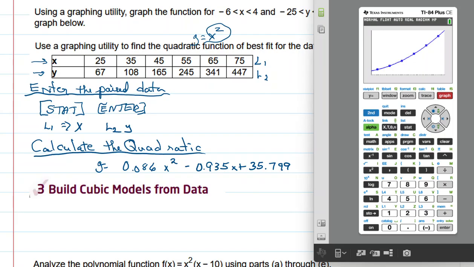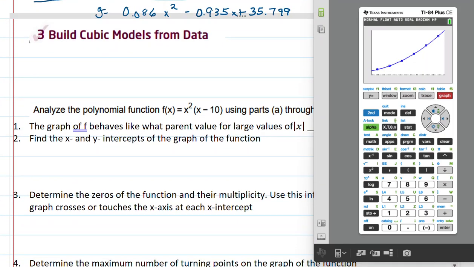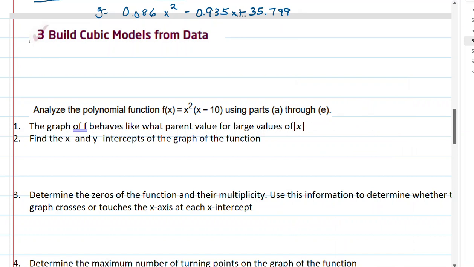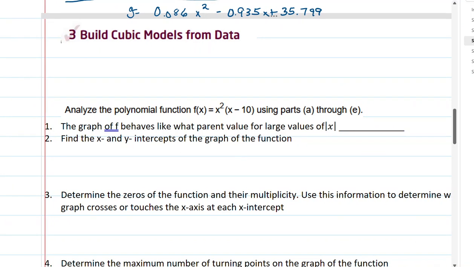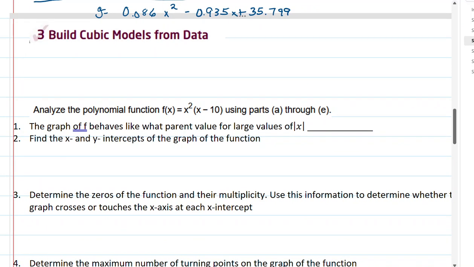Oh, yeah, big difference. Is everybody comfortable? It's on your homework. Okay, so cubic models for data means that we're going to have a cubic show.